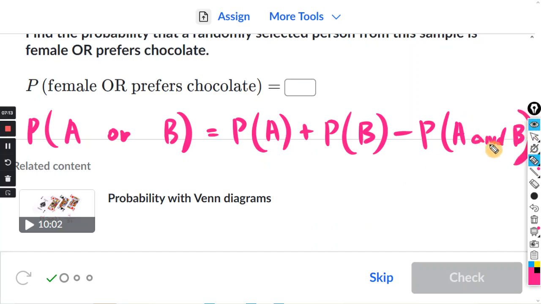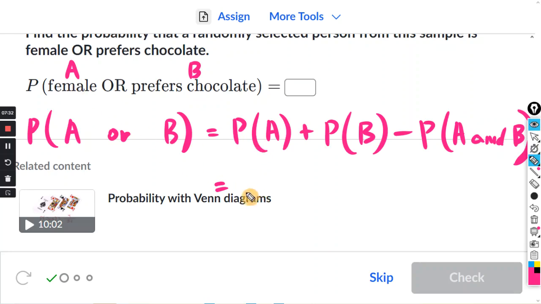Okay, you have to subtract the overlap. So female will be event A, prefers chocolate will be event B. All right, so let's see here. I'll rewrite it.